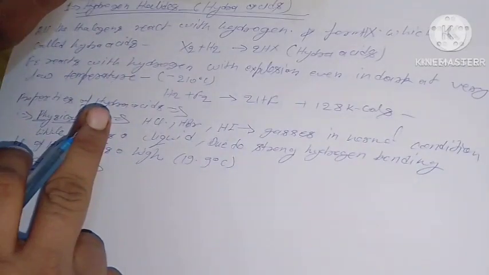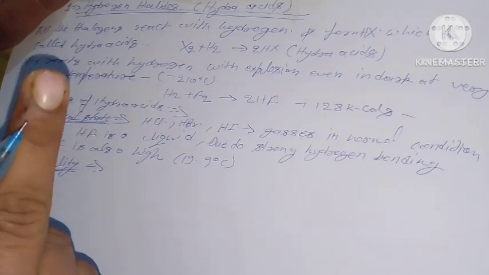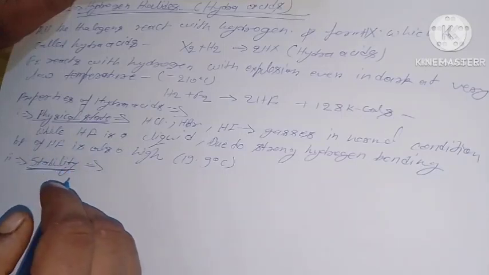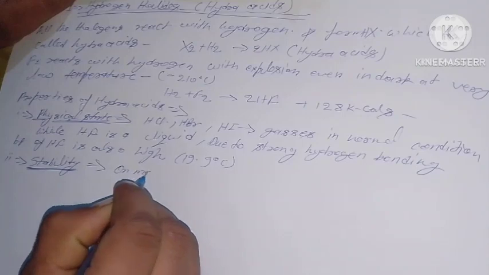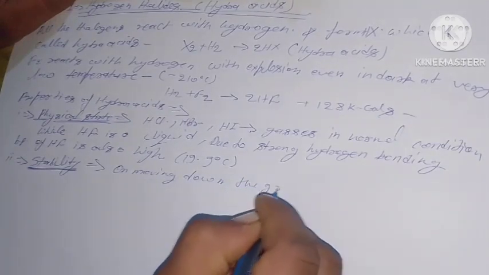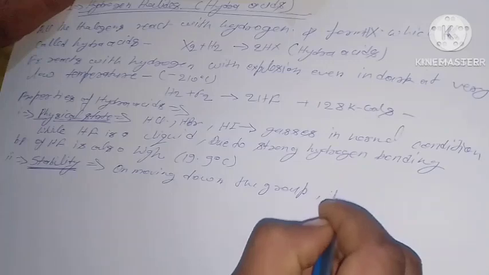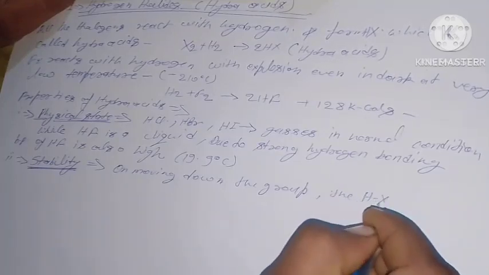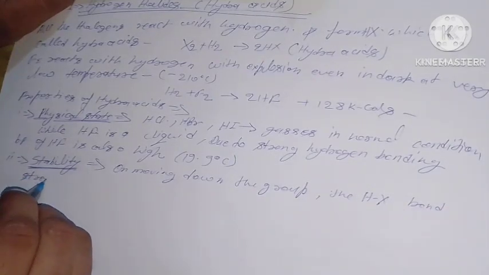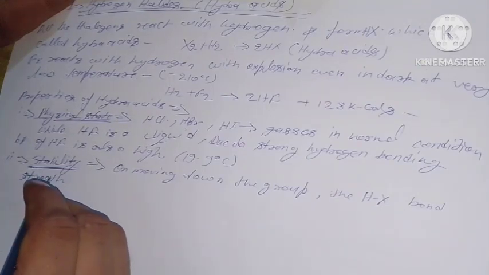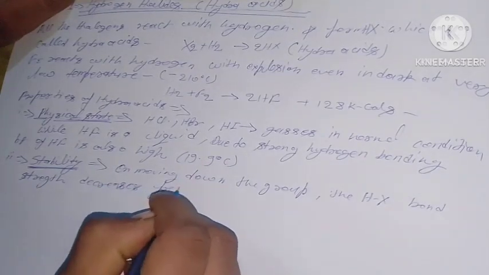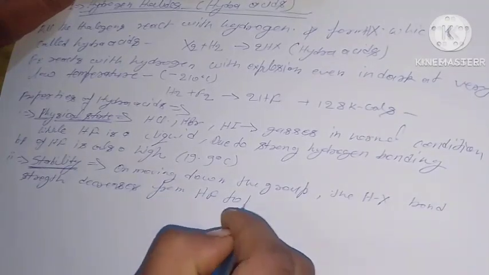On moving down the group, the HX bond strength decreases from hydrogen fluoride to hydrogen iodide.